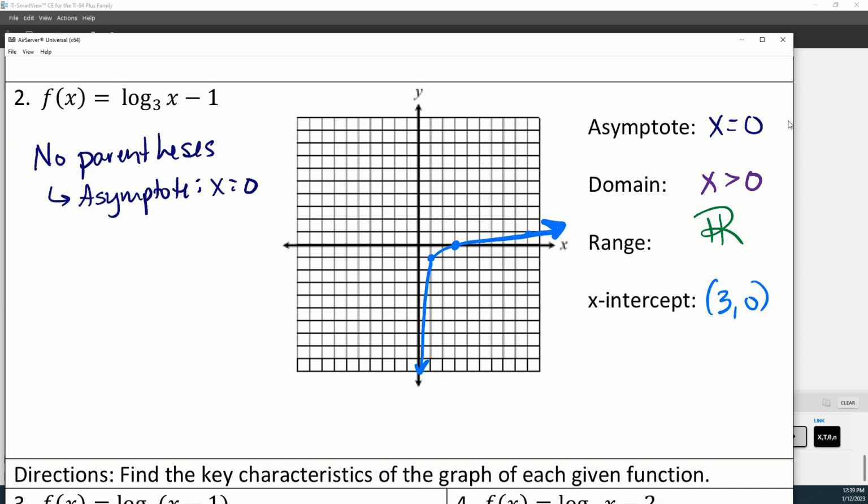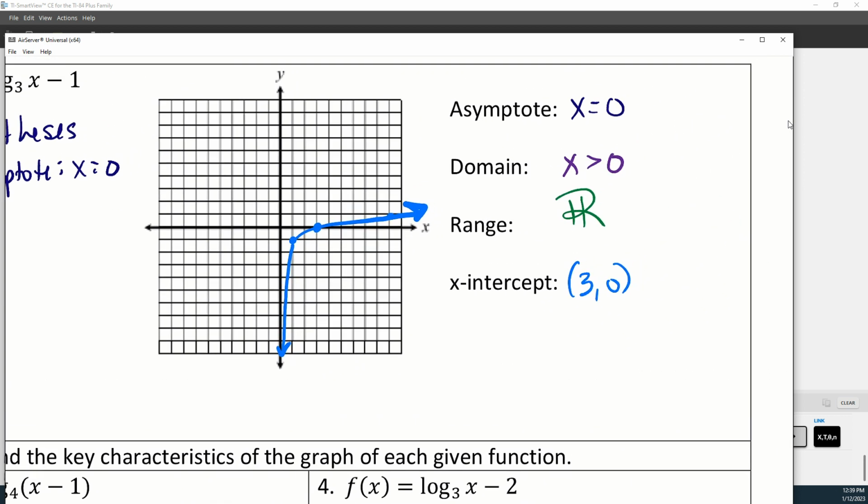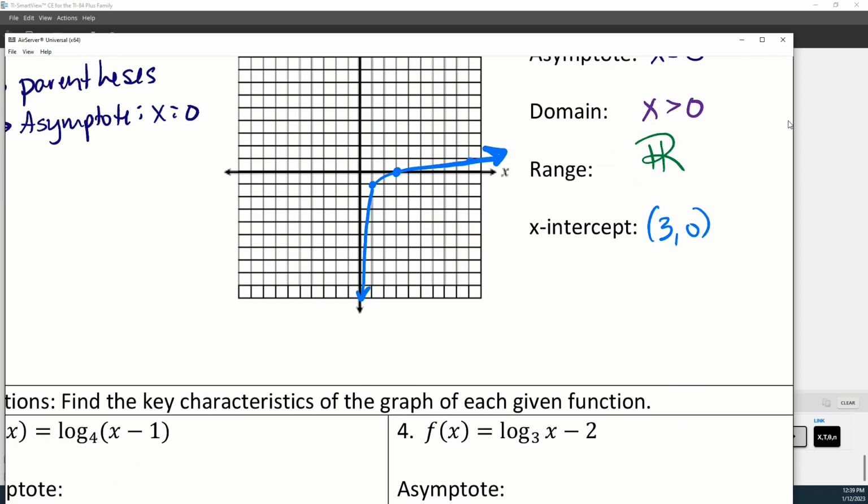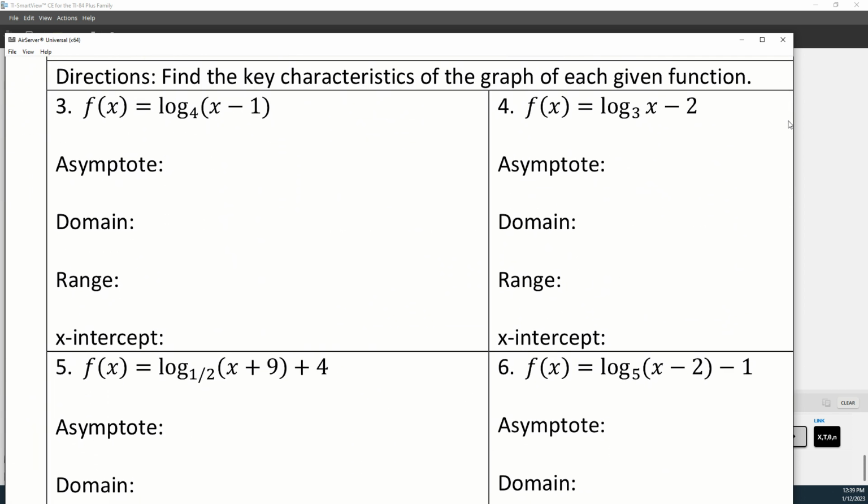All right, and then the rest of these examples are just doing this part right here. All right, so hopefully we can just look at number 3, look inside the parentheses, and just do the opposite of that number for our asymptote. So just x equals +1, which makes our domain x is greater than 1, and our range automatically is all real numbers.